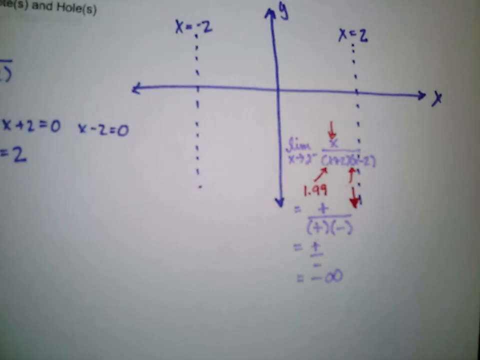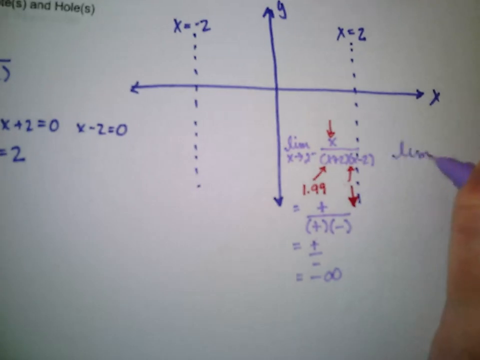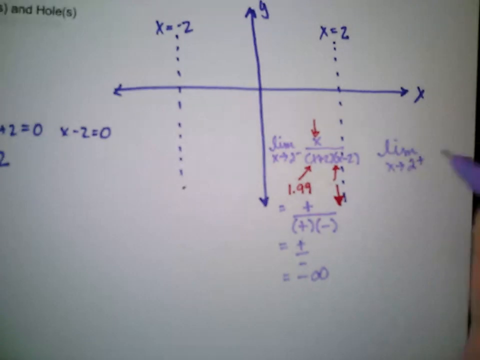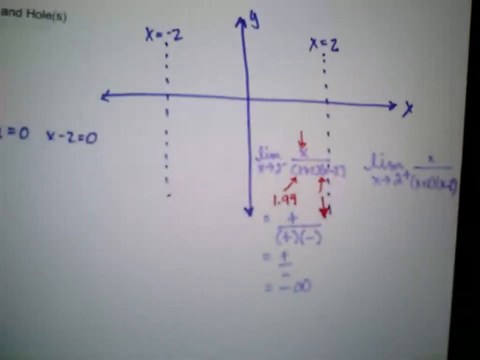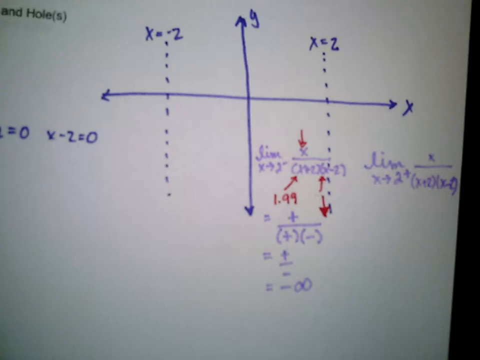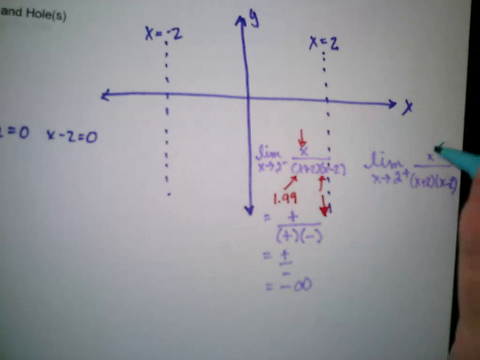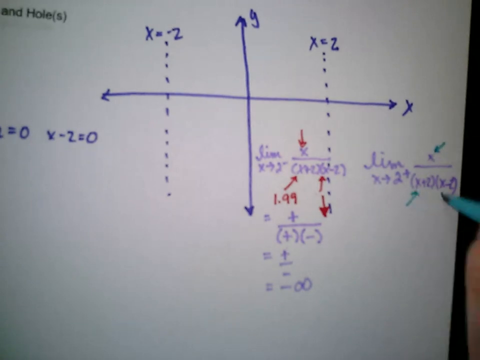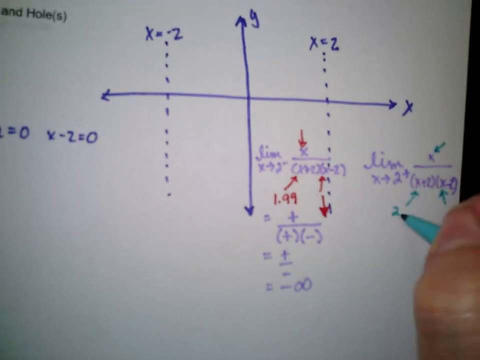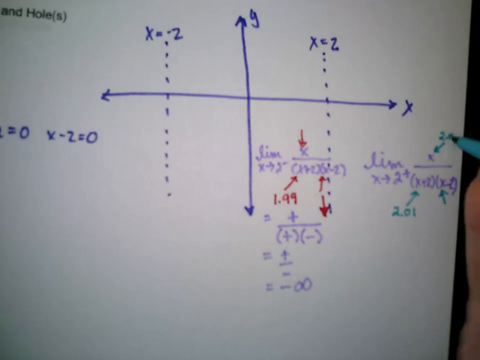Then I do the same thing on the right. So the limit as x approaches 2 from the right of x over x plus 2 times x minus 2. I want to replace each of those x's with a number that is a little bit to the right of 2, so maybe 2.01, in all of those spots.